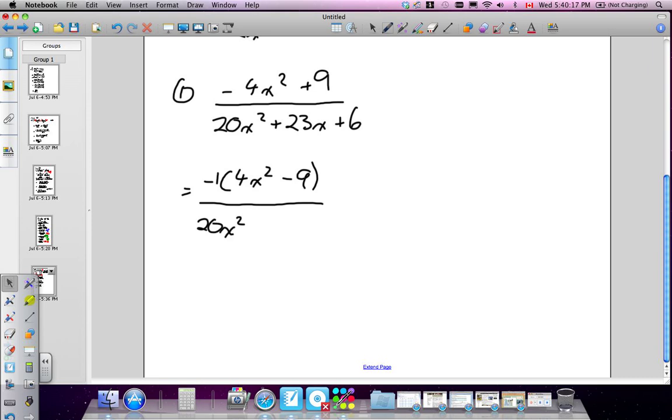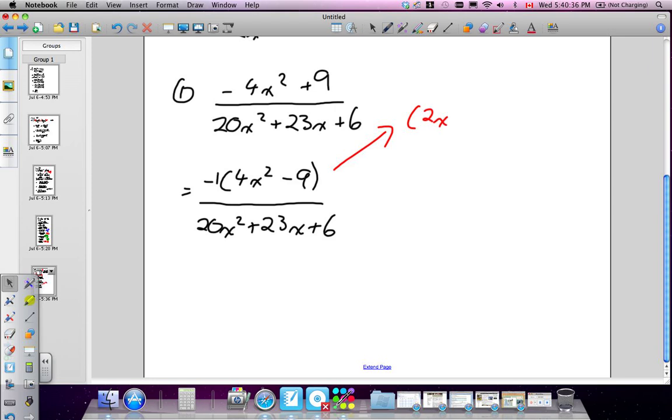Okay? So let's factor these two on the outside. So we'll do some red. Difference of squares, I'm going to be left with what? 2x plus 3 and 2x minus 3. Good. Okay. And of course that negative 1 is going to have to stay on the outside.